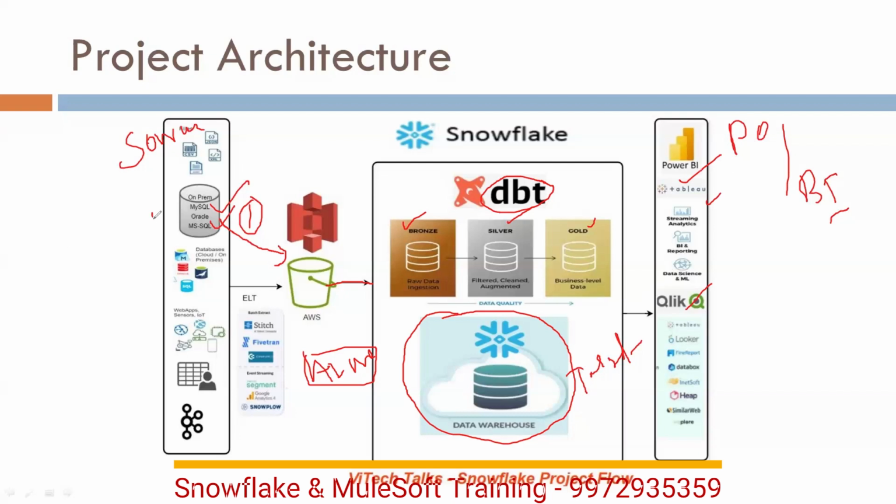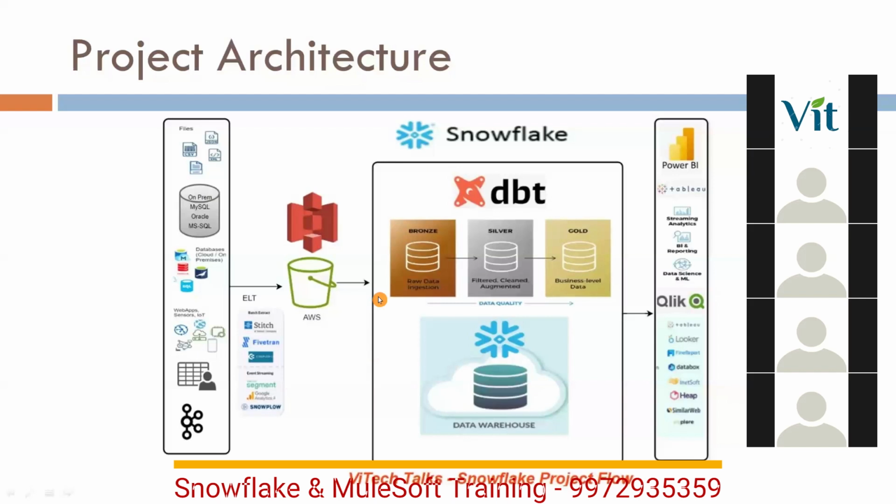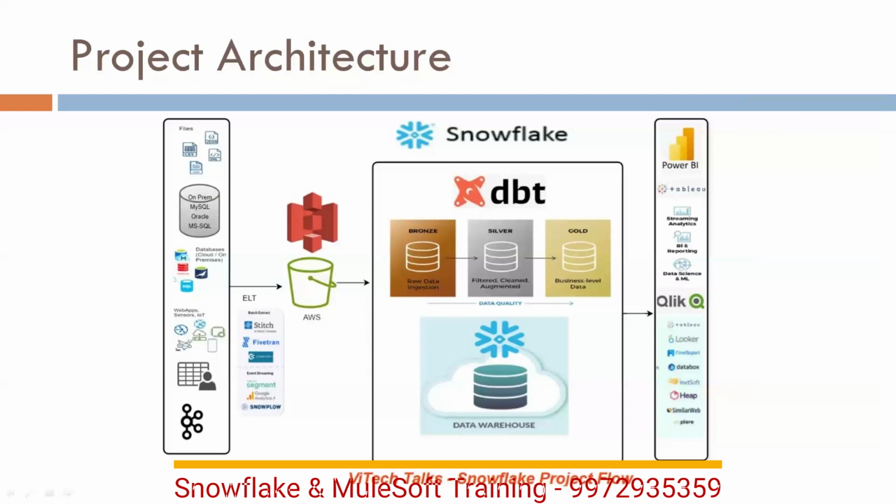Not only from on-premise databases to cloud, we also have web apps, or IoT, Internet of Things, or sensors. Suppose I want to calculate weather reports. We already have APIs.